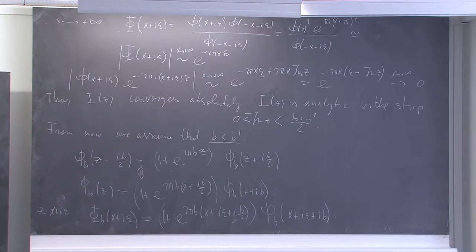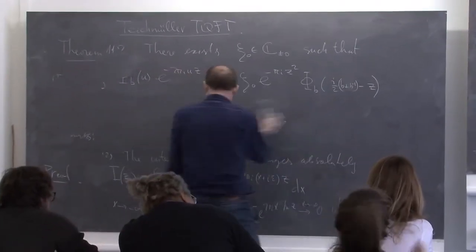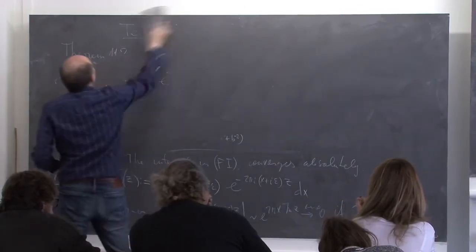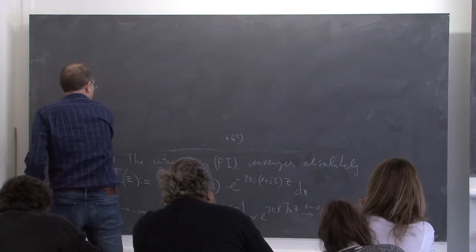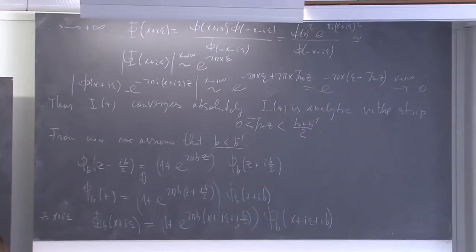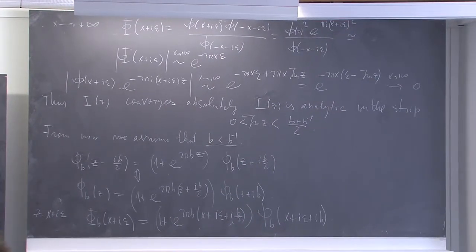So we multiply by this exponential and integrate over x. In the left-hand side, we will get immediately I of z. So let me leave for a while the definition of I of z.